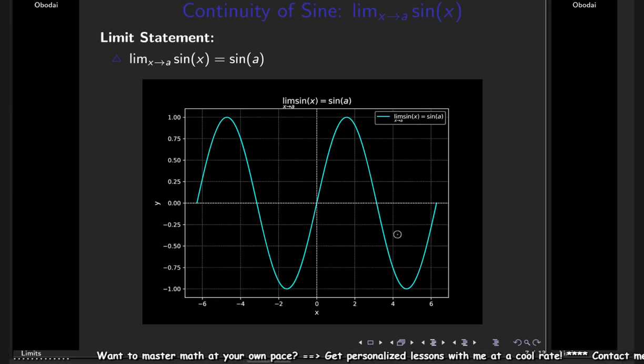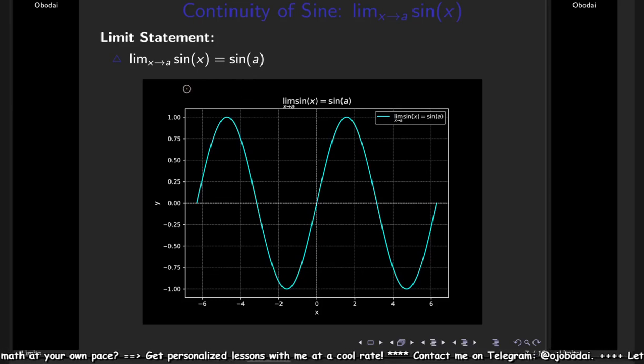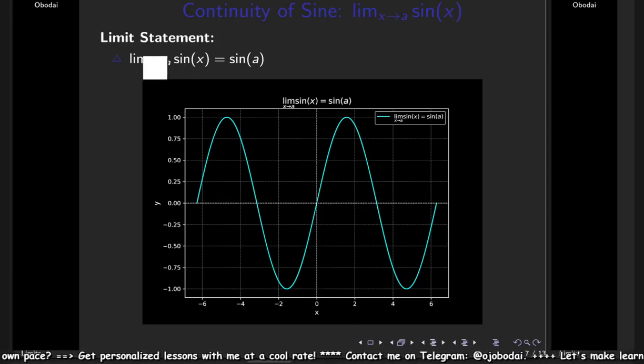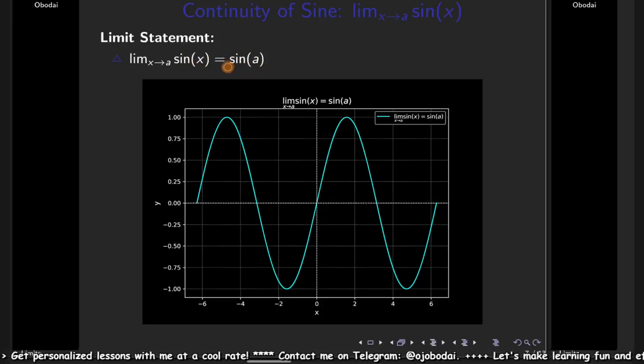What we see here is the graph of sine, between -6 and 6. If you want the limit of the sine at any value of x, it is just you evaluating the sine of that value. So the limit of sine x at any value of x simply means evaluate the sine at that particular value.